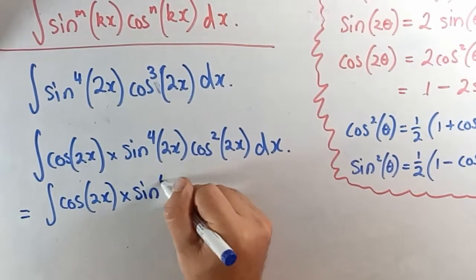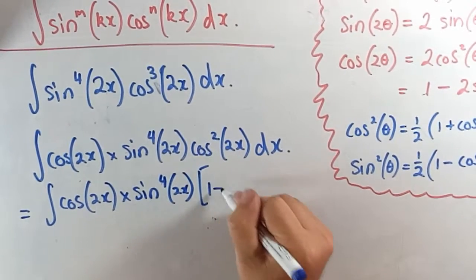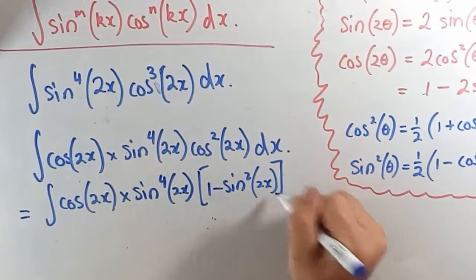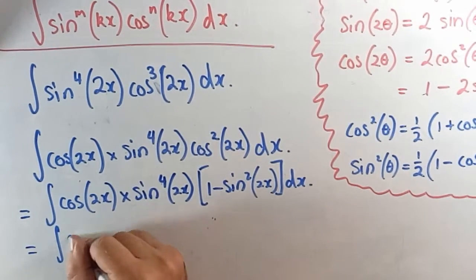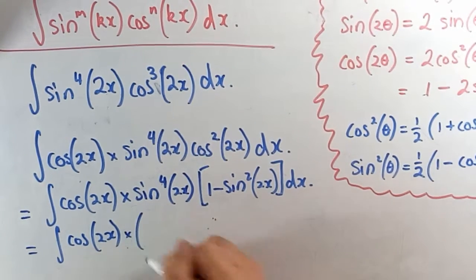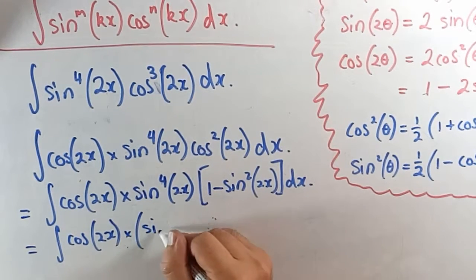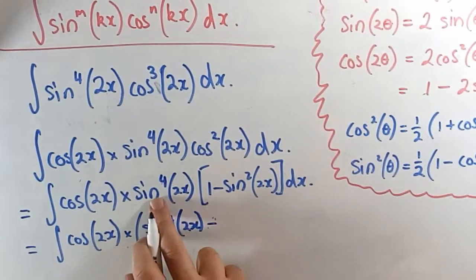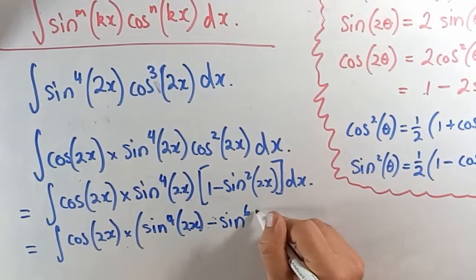So we've got sine to the 4 of 2x times, now cos squared is just 1 minus sine squared of 2x, using that Pythagorean identity. I'm going to expand that out. Cos of 2x times bracket. If I expand this into the bracket, sine to the 4 of 2x times 1, so sine to the 4 of 2x, minus sine to the 4 times sine squared, I get sine to the 6 of 2x.